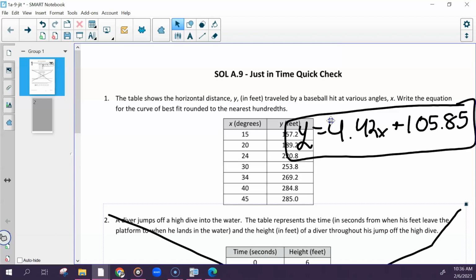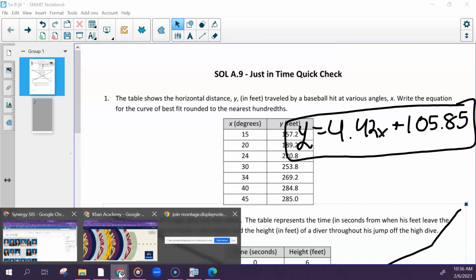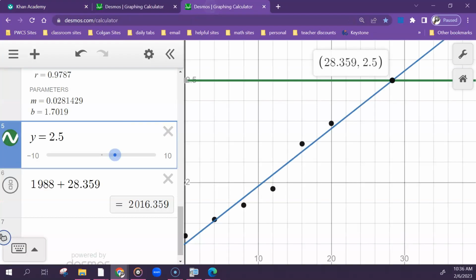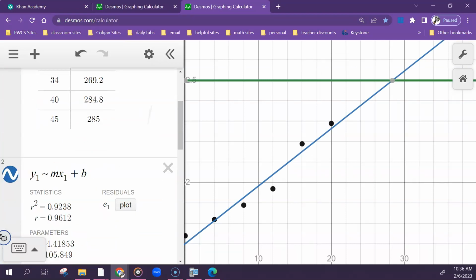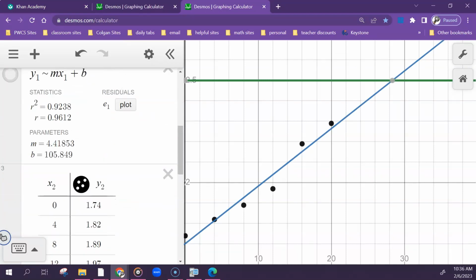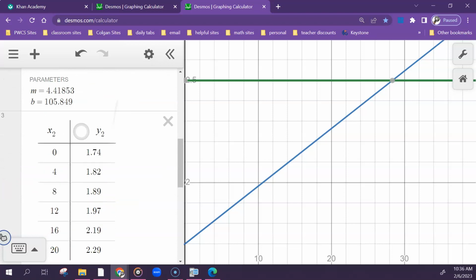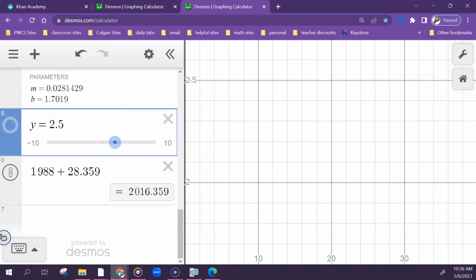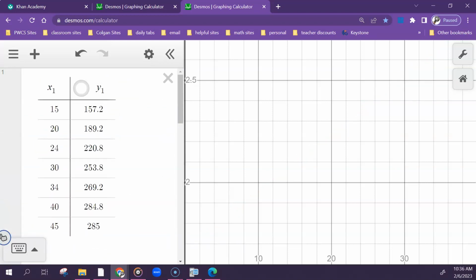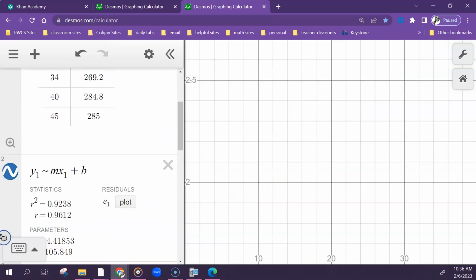Really quickly, I am going to show you how you would have done that in Desmos, but my stuff is already up and done. Let's backtrack. There we go.